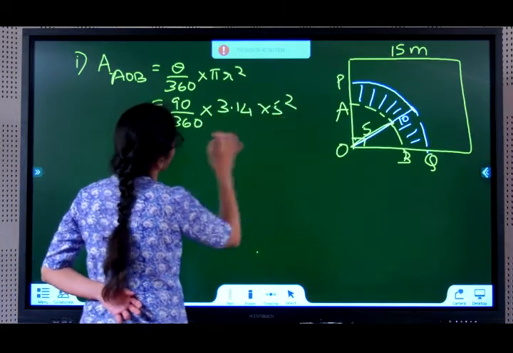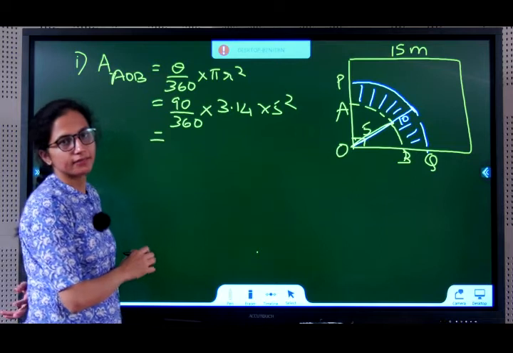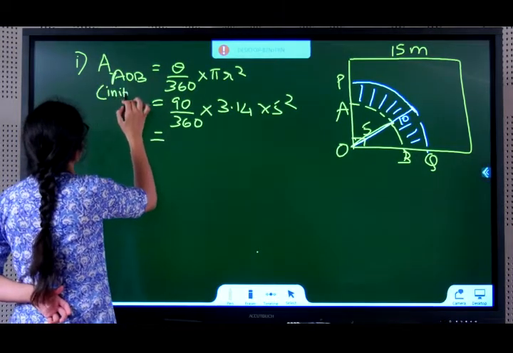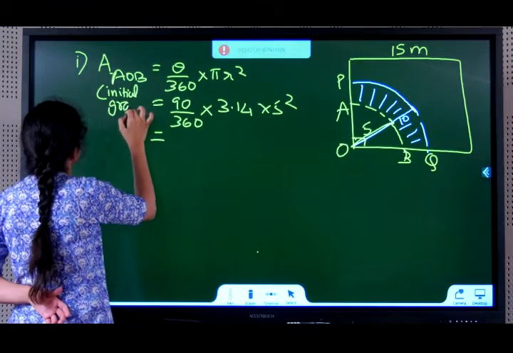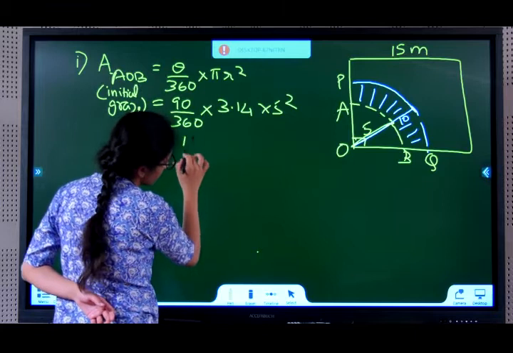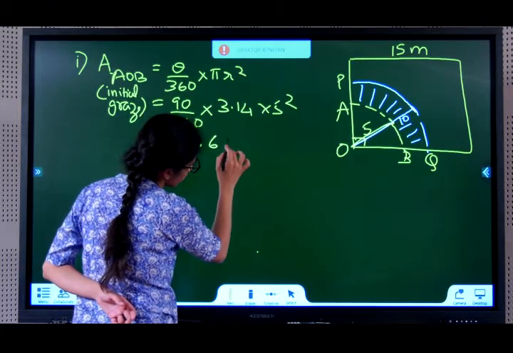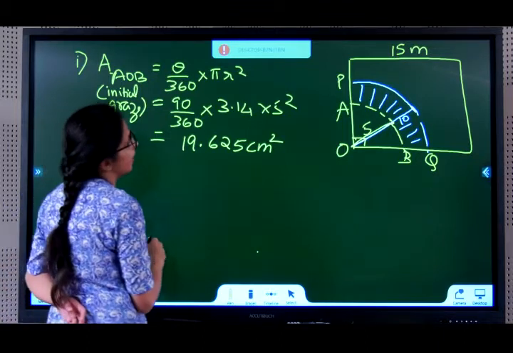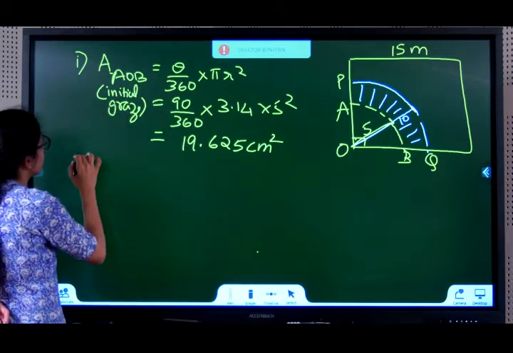R 5 square. On multiplying we get. So this is initial grazing. Don't forget to write that. On multiplying this we get 19.625 centimeter square.